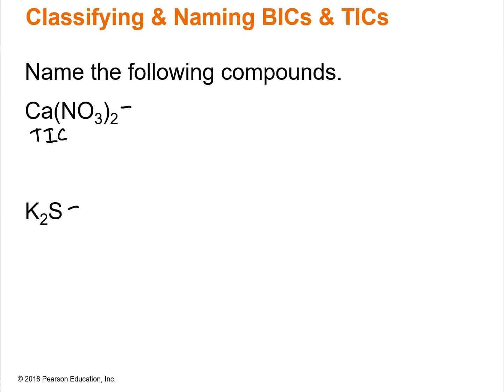What about the second one? Binary ionic. That's right. We'll start with the easier one and work our way up to the harder one. So we'll start with the binary ionic compound first.